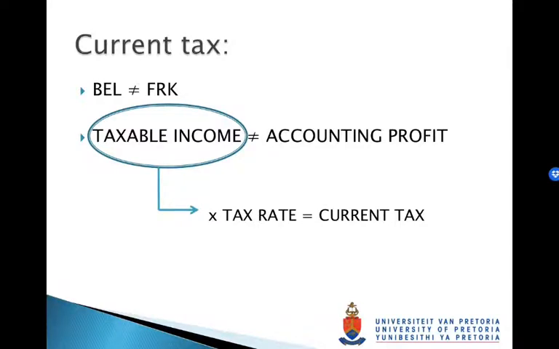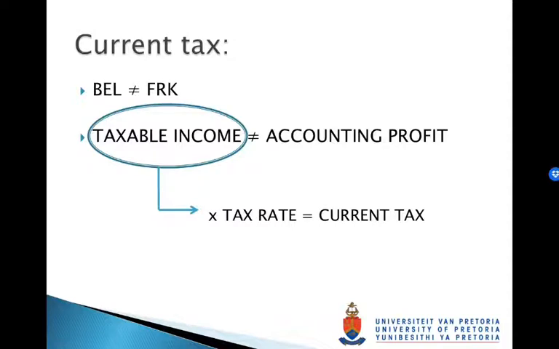And then we are looking now at current tax. What is current tax? As I've told you, the tax and the accounting is not always the same, and that means your taxable income, in terms of tax, is what you multiply by the tax rate to get your current tax.